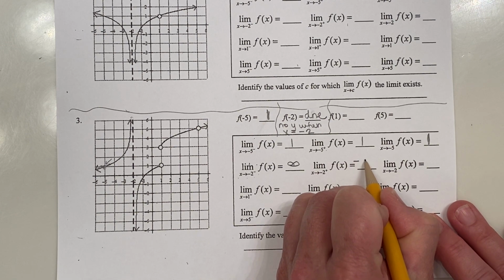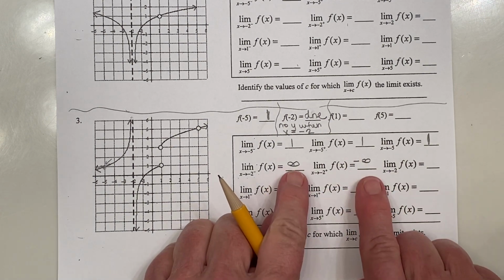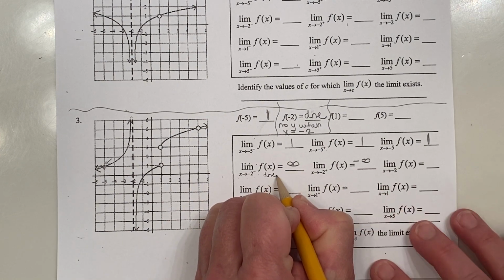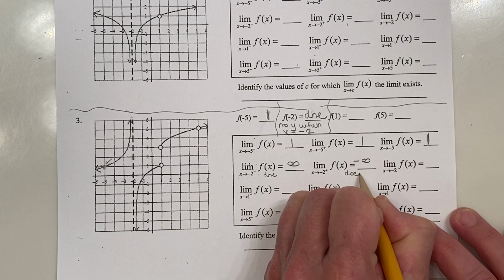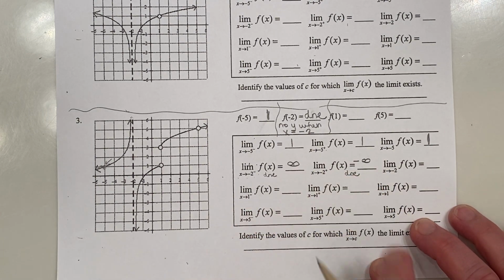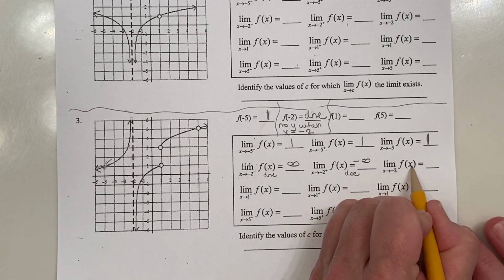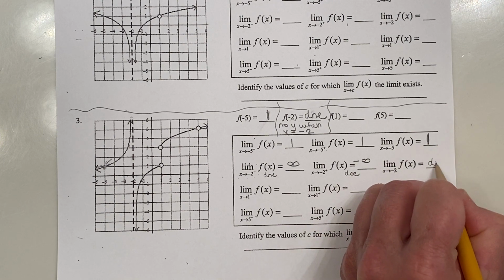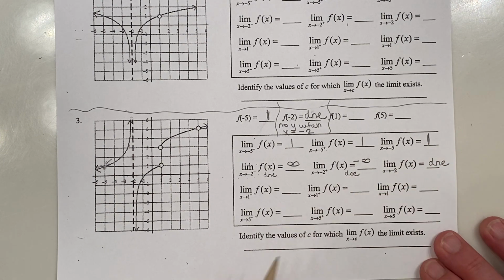It's negative infinity. Neither one of these limits exists. I'm just going to put a DNE and a DNE here because we don't go to numbers. In order for a limit to exist, it has to go to a constant number, some kind of leveling off. So then over here, automatically, what's the limit as x approaches -2? It does not exist either.